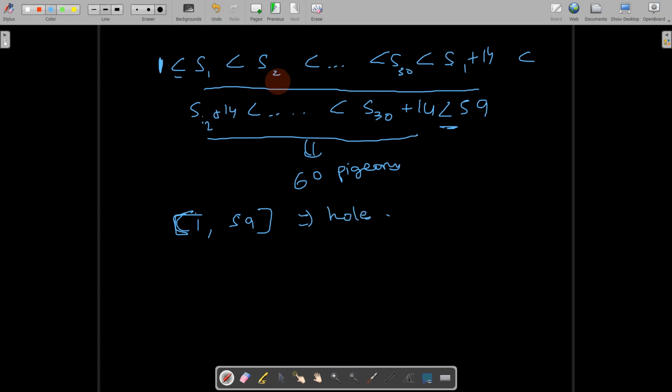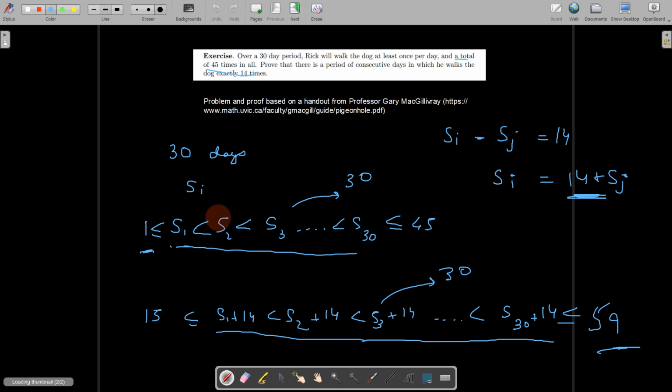If we find two terms in the whole sequence, we know from the pigeonhole principle, because there are more pigeons than the 59 holes, that two values will be the same.